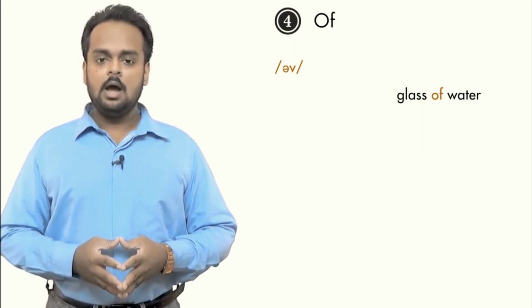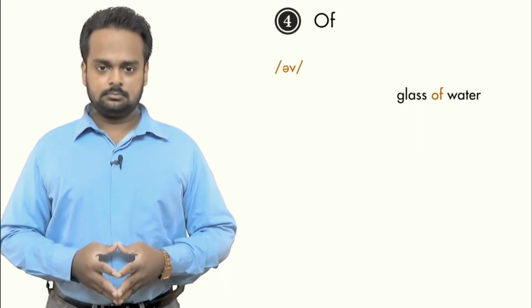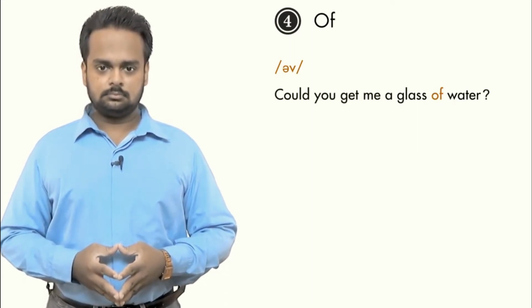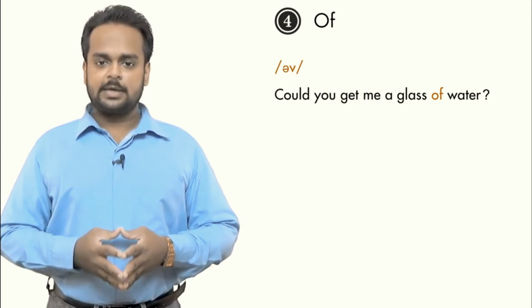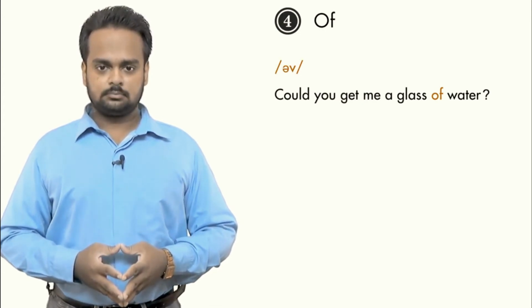Word number 4, "of." Notice that the last sound is like a V sound, "of." Glass of water. Could you get me a glass of water?